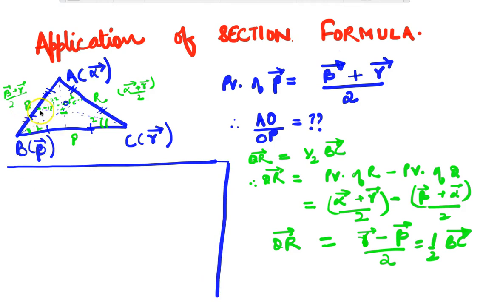So let's take triangle OQR and triangle OBC. By the sine law, we can say sine of angle 1 by OQ is equal to sine of angle 3 by QR.